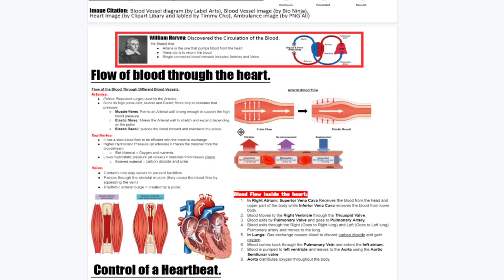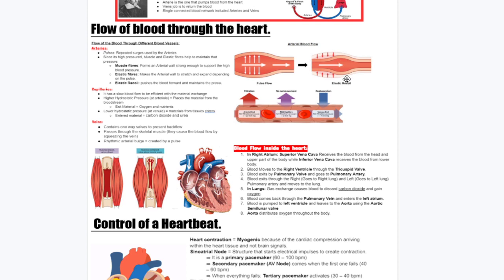So blood flow from arteries is explained here, and first we have to understand the pulses, and pulses are repeated surges in the arteries. Since it is high pressure, the muscle and elastic fibers help to maintain that pressure, and it is all stated here.